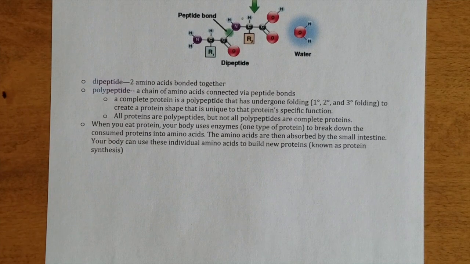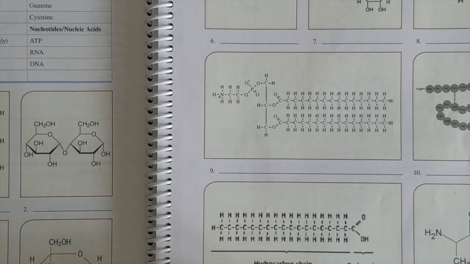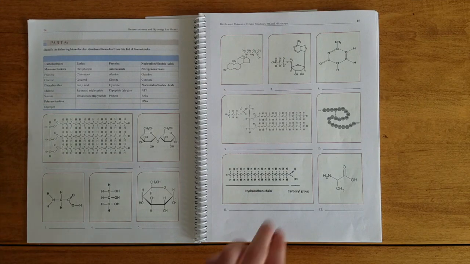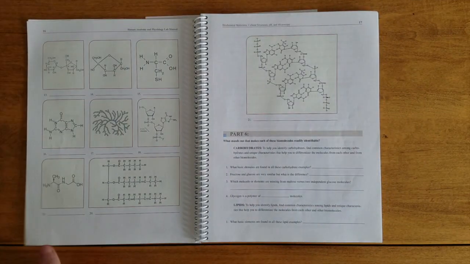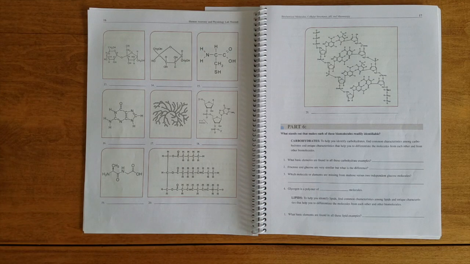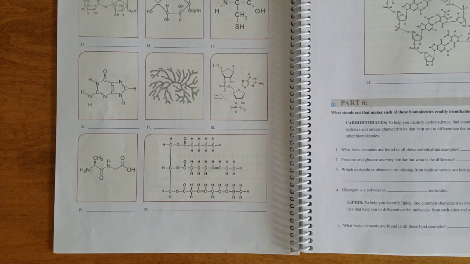So let's look for a dipeptide in your lab manual here. There we go. Keep in mind that wherever 2 lines meet in structural formulas in organic chemistry, there is a carbon.